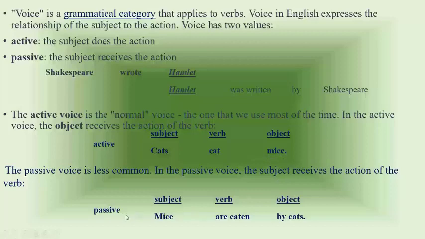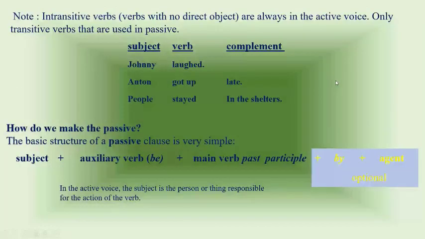In passive, it becomes: mice are eaten by cats. Mice are still eaten by cats, not the opposite. Mice are not eating the cat. The cat is still eating the mice, but it's just in another form or structure. Why? We'll see later that we have several conditions and circumstances in which we need to use passive voice.